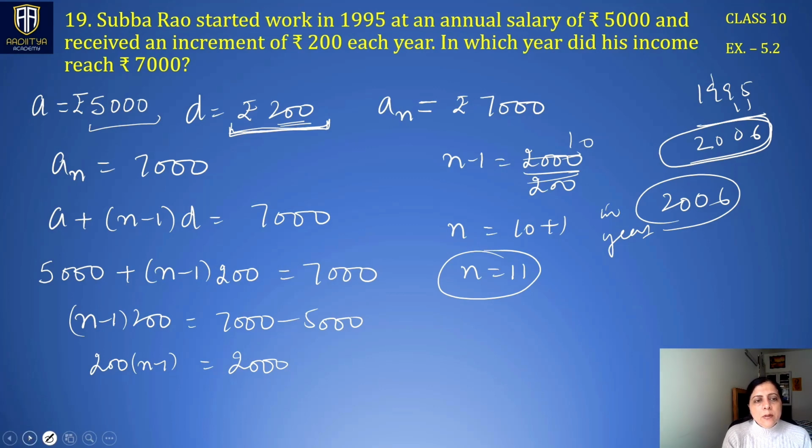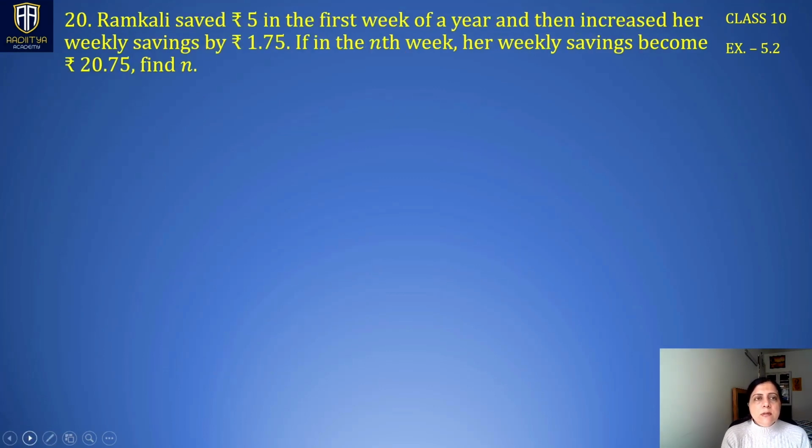Now the last question of this exercise is, Ramkali saved rupees 5 in the first week of a year and then increased her weekly savings by rupees 1.75. If in the nth week her weekly savings becomes 20.75, find n. Now again you can see that the first term of this sequence is rupees 5.